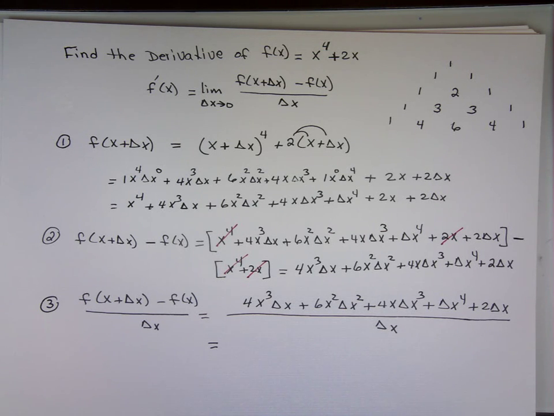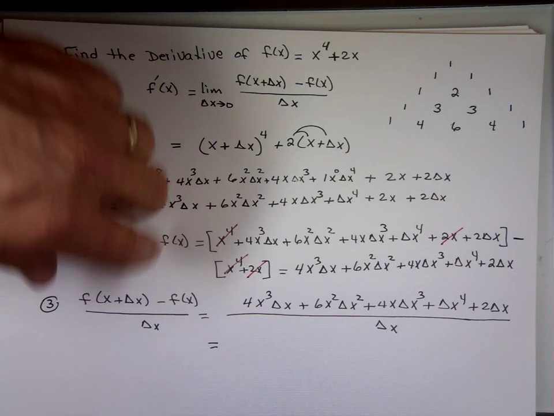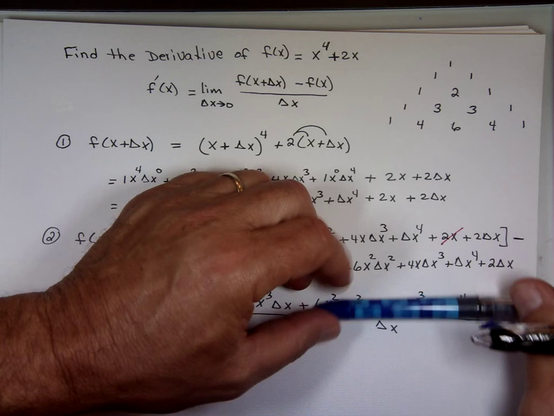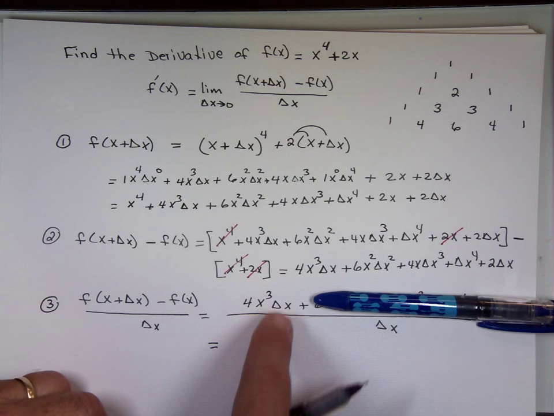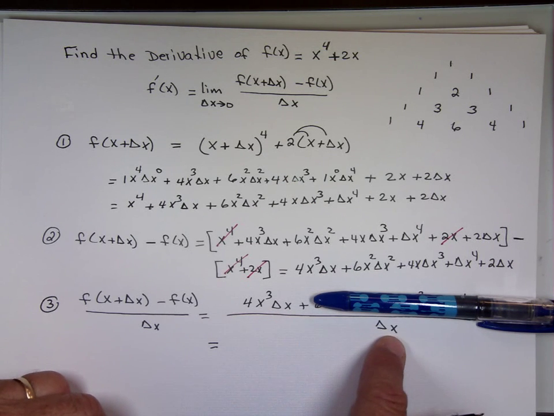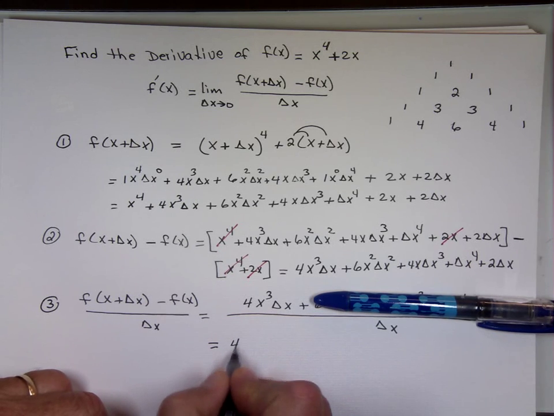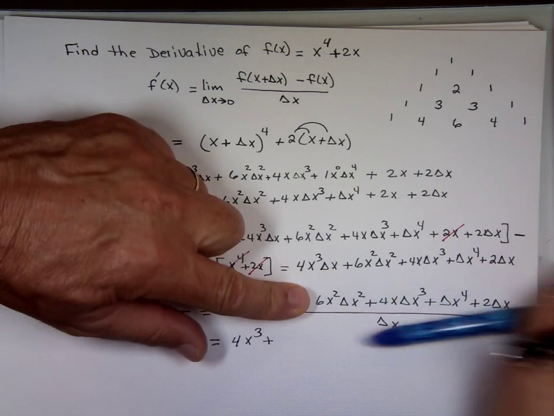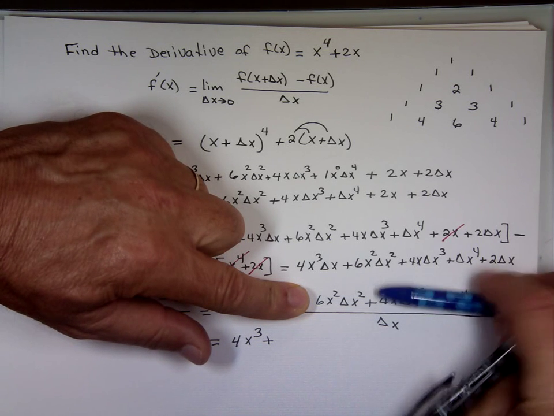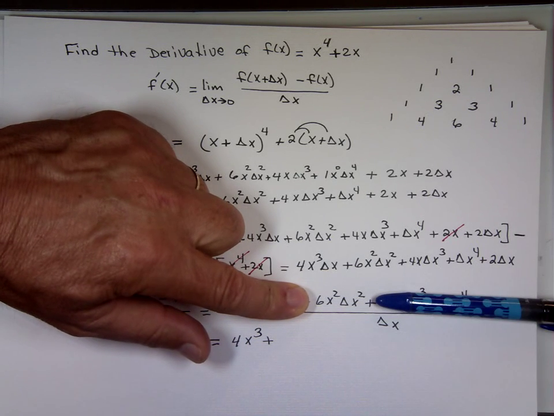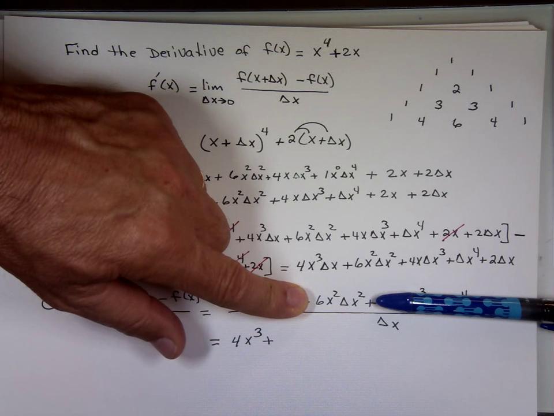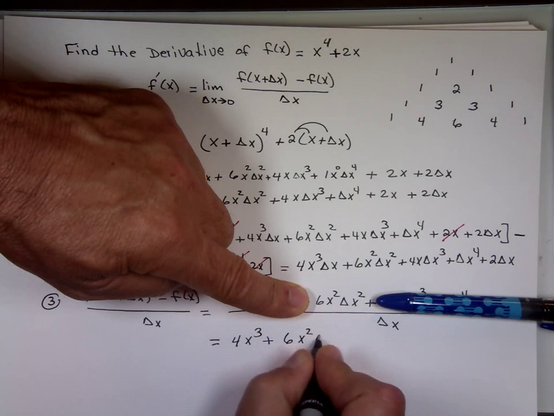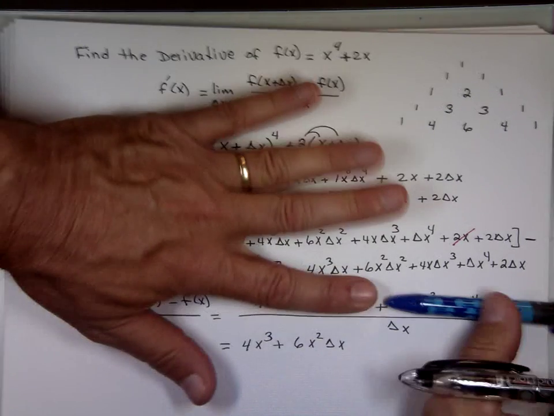So cover the rest of them, just look at the first one. If you divide this by delta x, that delta x will cancel that delta x. What are you going to have left? 4x cubed. Plus, now this is gone, the first one, and the rest of them gone. Divide the second one by delta x. What are you going to have? Yep, 6x squared delta x. Very good. The next one, cover the first two and the rest of them, divide this by delta x.